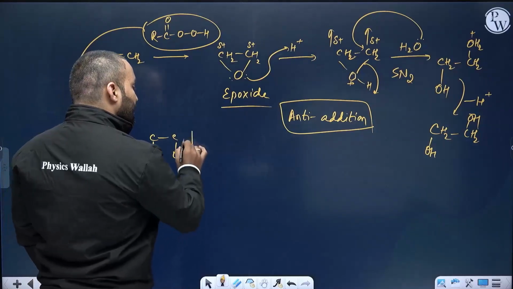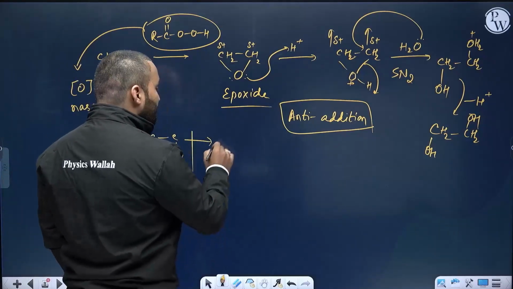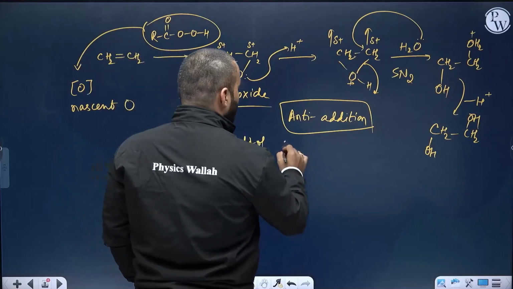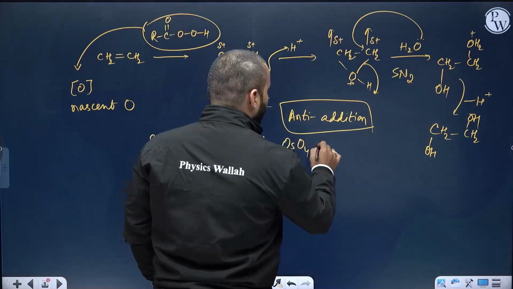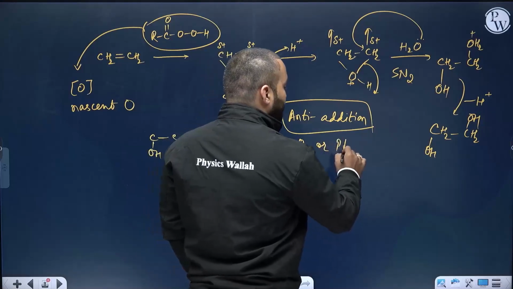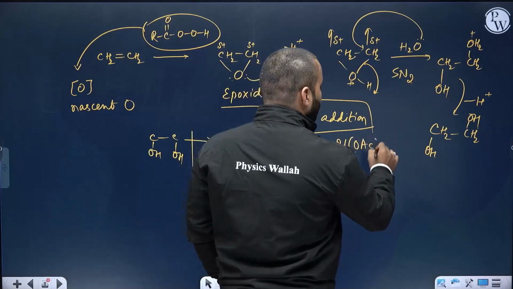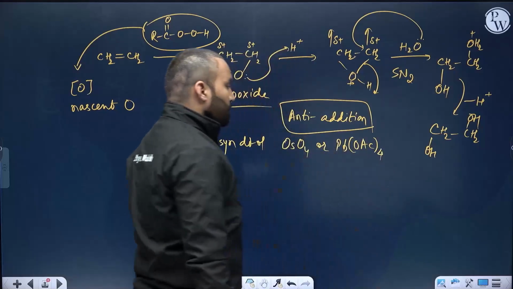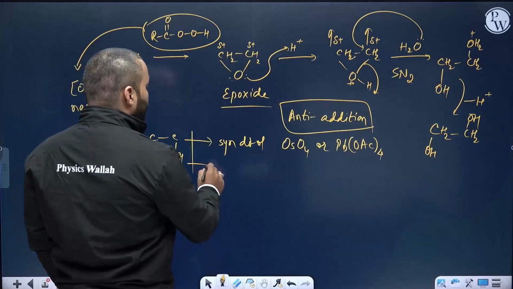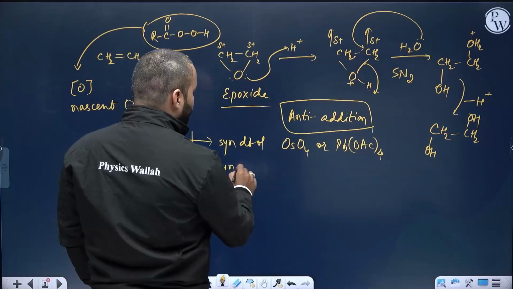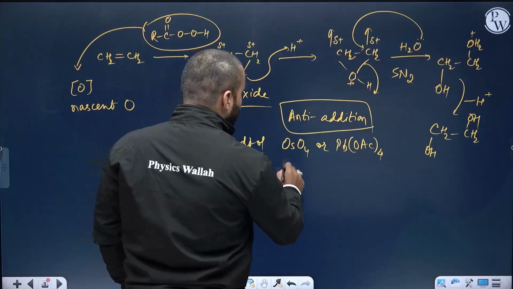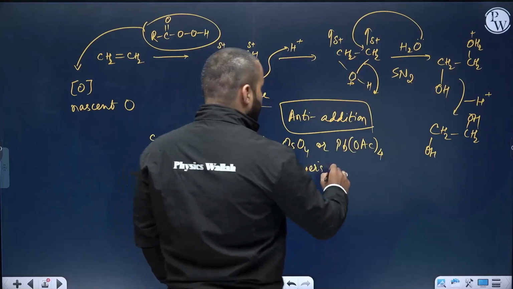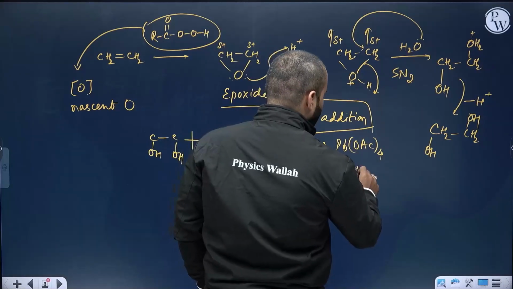So what we have discussed, guys, is that we can prepare carbon-carbon OH, right? If you want to get the syn diol, use osmium tetraoxide, or you can use lead OAc. What is OAc? Acetate. You can use that, or for syn diol once again KMnO4, Baeyer's reagent. Are you understanding?